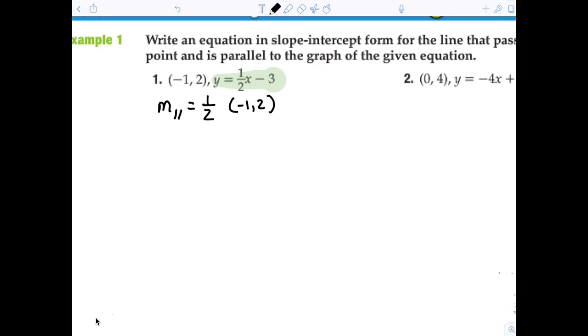Where's the stat button? No, I didn't say hit second. I hit stat. The next thing is edit. The first one is edit. So hit stat, and then hit enter. Then there should be something like L1, L2, L3.